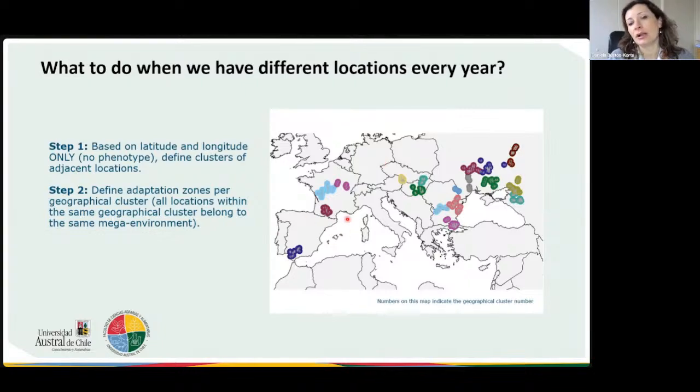So the first thing we said was, well, these locations actually represent more or less the same thing. So we clustered them based on latitude and longitude, and we said, well, all those that are in pink here represent a sample of a relevant production region. And then we will look at G by E at the level of these regions.